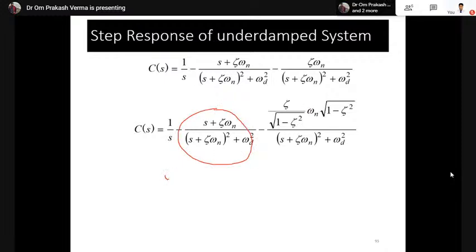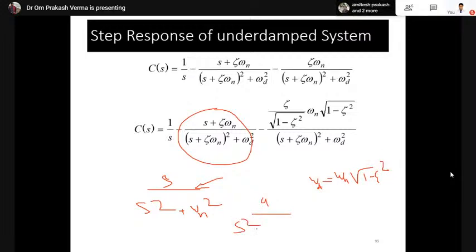Omega s upon s square plus omega n square is nothing but the Laplace of cos, no? And it is when omega d is defined as omega n root under 1 minus zeta square. You know then a upon s square plus a square is the inverse Laplace value of sine at.